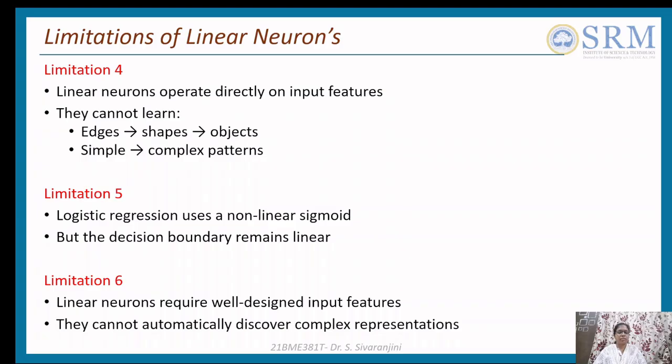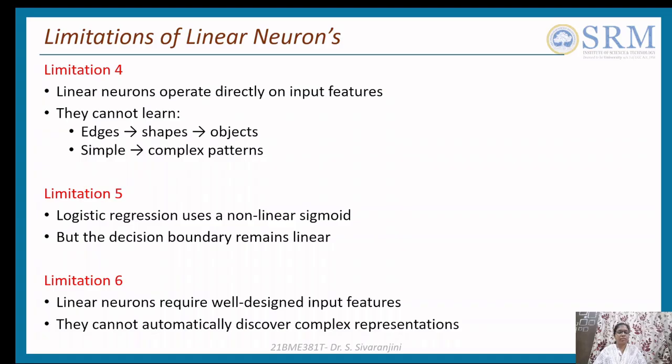The next limitation: we already know it uses a nonlinear sigmoidal activation function, but the decision boundary remains linear. We conclude that linear neurons require well-designed input features. They are not able to derive the features required for the task, so they cannot automatically discover complex representations.